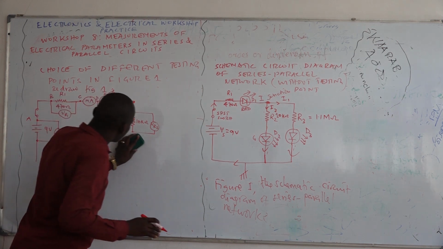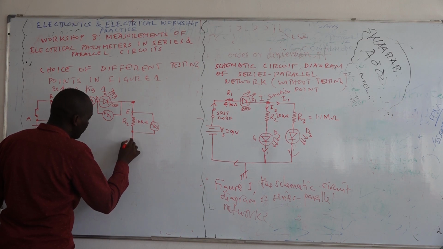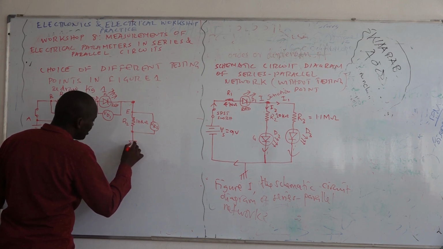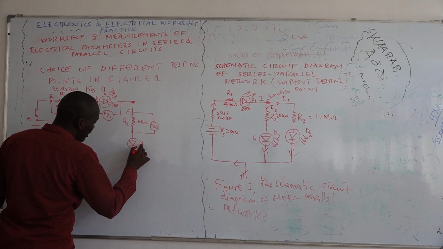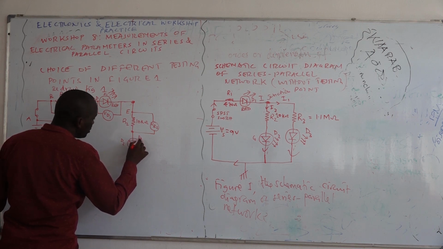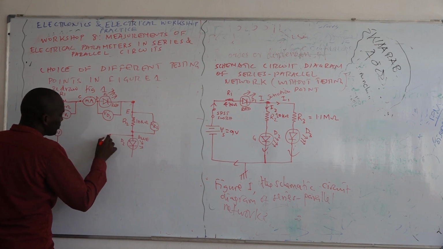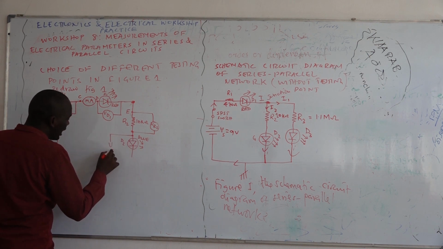So this is diode 2, which is blue. Here we are going to have another testing point, and our interest here is the voltage across diode 2.